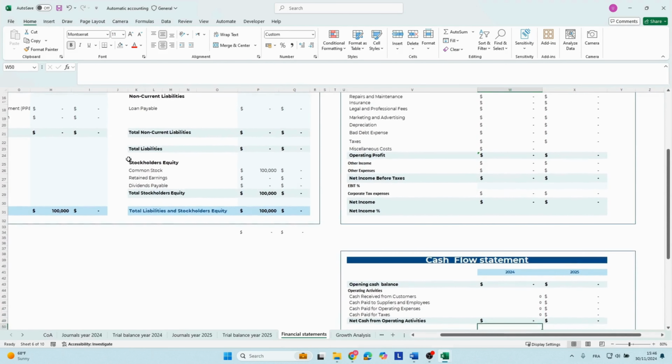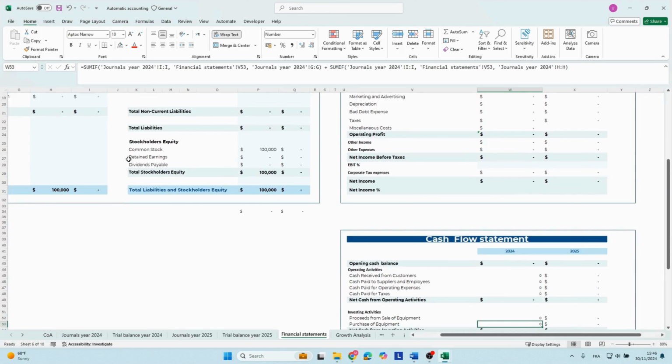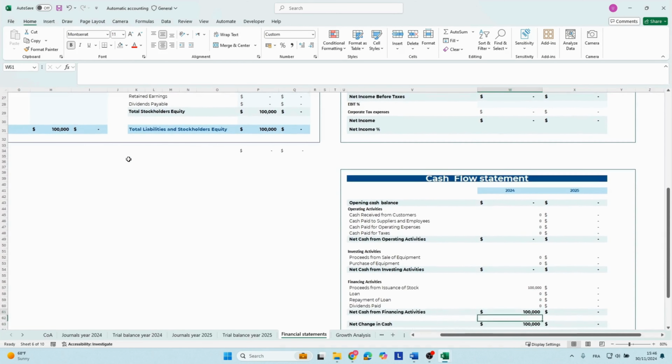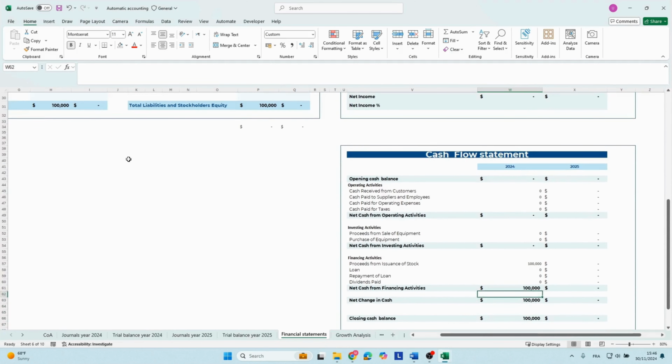Now we have the cash flow statement, and you can see that we have only one transaction. We have cash from financing activity. We receive money from stock because we got money from stakeholders. Our cash at the beginning of the period was zero.